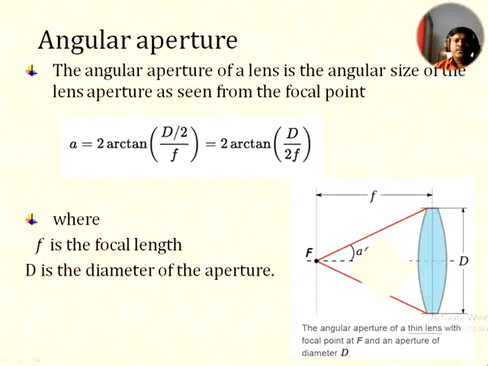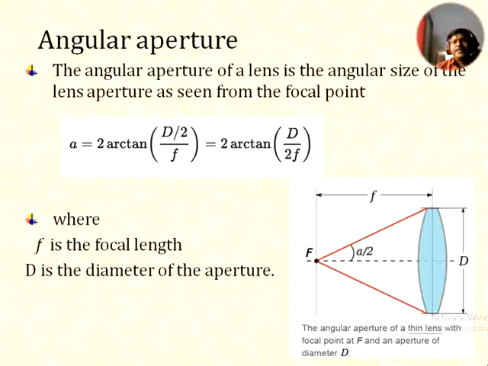Here alpha is equal to 2 arctan in bracket d by 2 divided by f. That means here d is the diameter of the aperture, and f is the focal length. Is it okay?